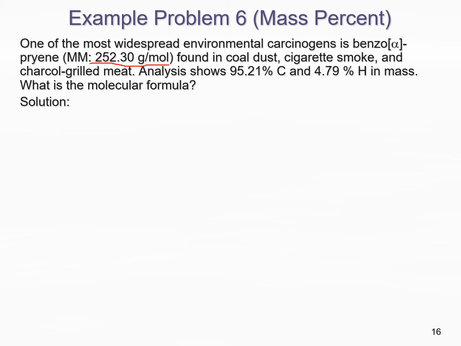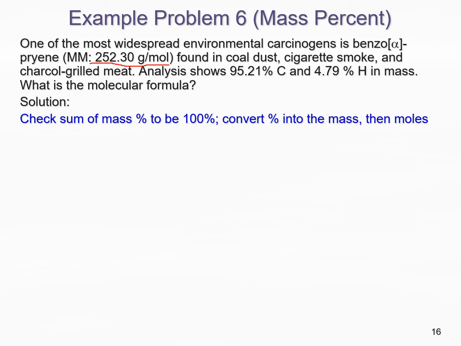For this type of calculation problem, all we have to do is follow the procedures that we laid out a couple of slides before. Remember, there are 3 big parts. The first part: check that the mass percents add up to 100, then convert the mass percent into mass and moles. So first step, we add 95.21 and 4.79. That's 100, so this condition is checked.